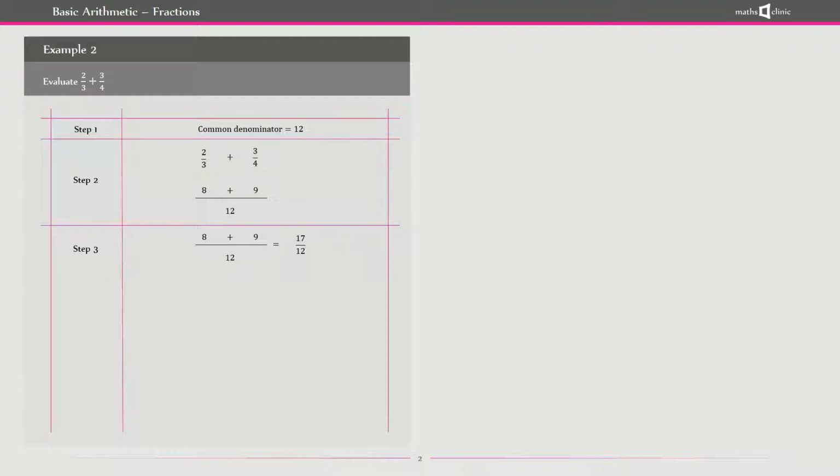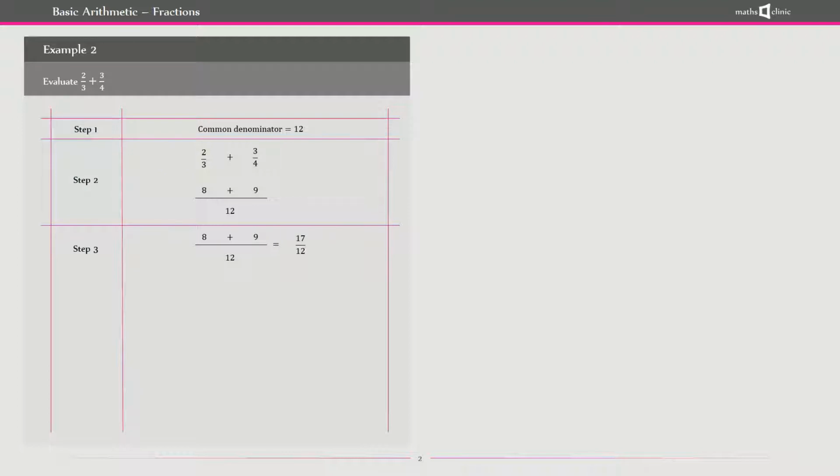We can't have 17 out of 12, and what we call this is an improper fraction. It's a strange fraction, and we don't express fractions in this form, but we can make some sense of it.